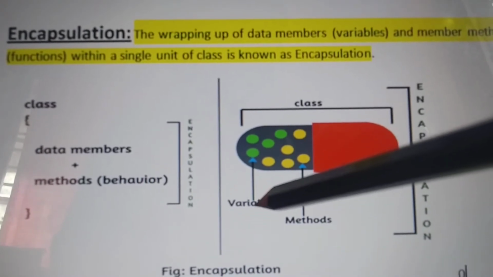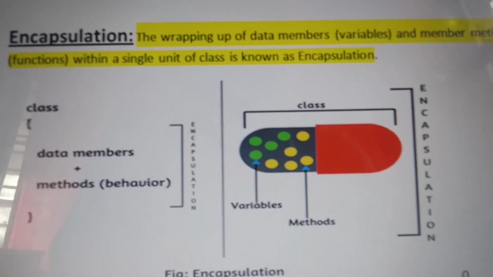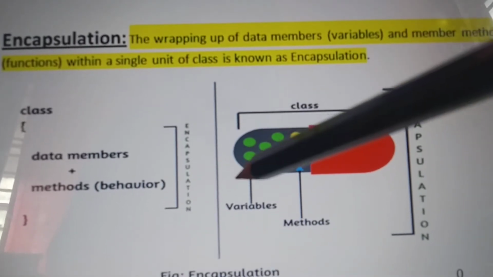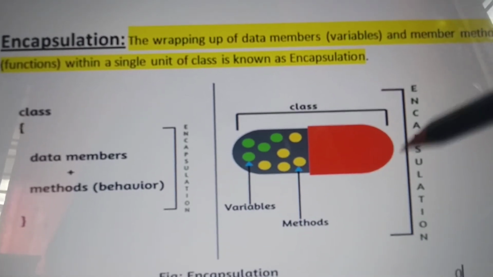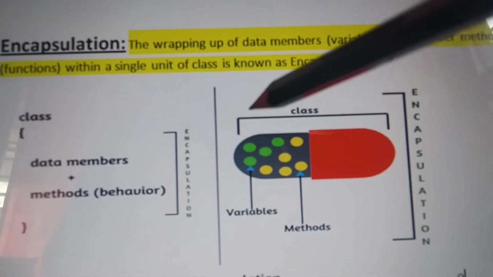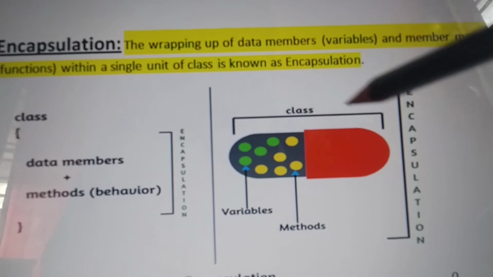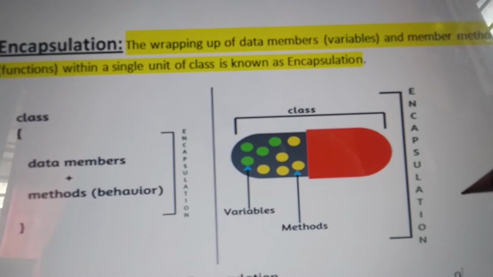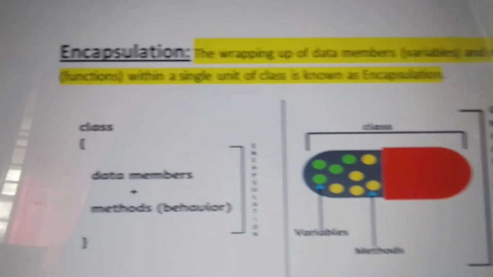Data is known as variables, and functions, that is methods. The wrapping up of data and functions, or the wrapping up of variables and methods within a single unit of class is known as what? Encapsulation. Clear? It's very simple.